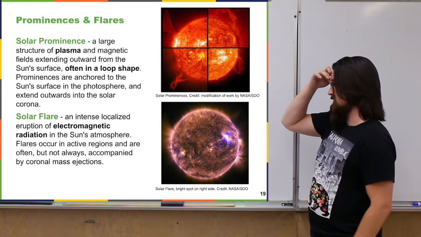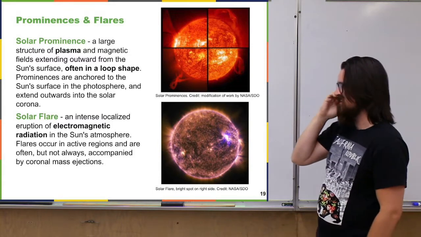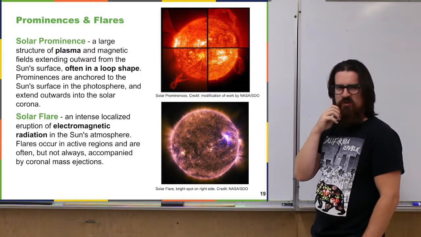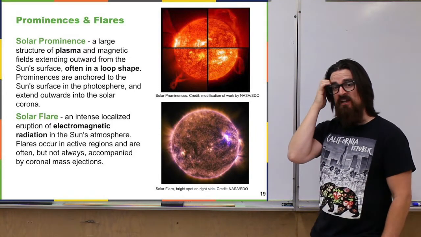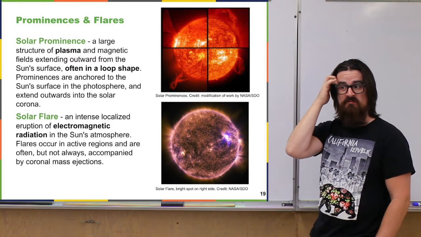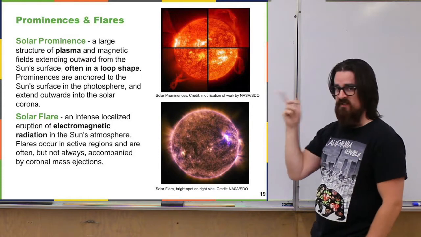Besides the prominences, there are things called solar flares, which is an eruption of electromagnetic energy in the sun's atmosphere. Almost think of a volcanic eruption, but instead of spewing out lava and things like that, it's just spewing out really intense electromagnetic radiation.